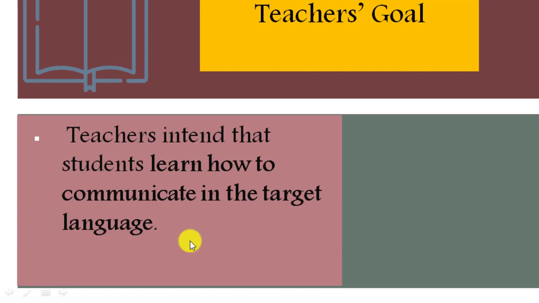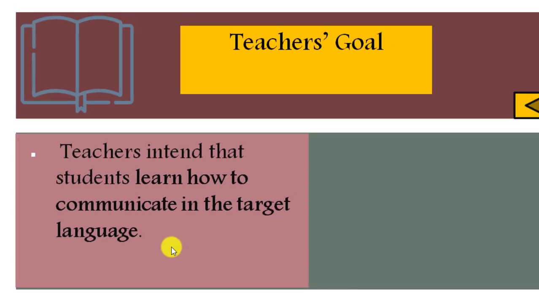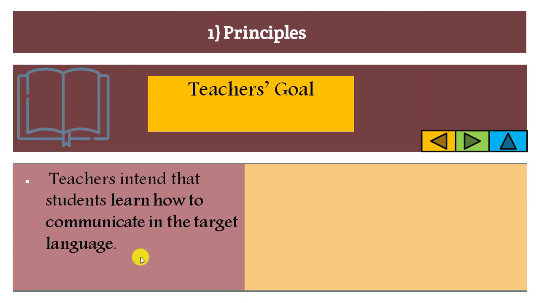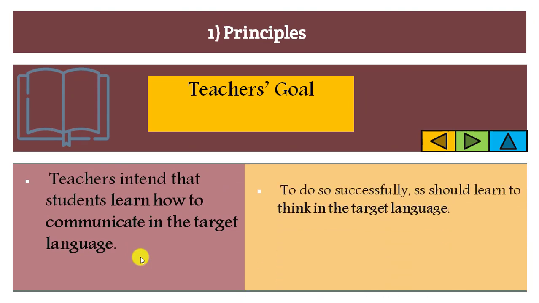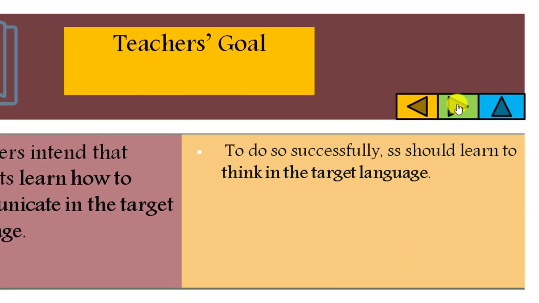So that is the main goal or the purpose of teaching or of learning in that method. Now, how to do that? To do so successfully, students should learn to think in the target language. That means they are not going to translate the meaning of the text given to them.